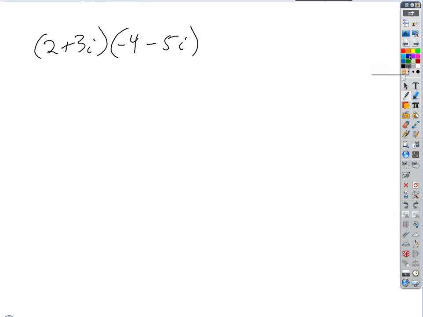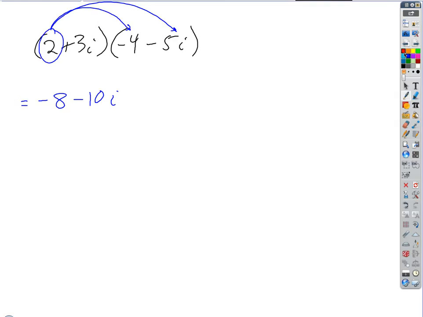So we'll take the 2 and we'll distribute that through. And what's that give us? 2 times negative 4 is negative 8. 2 times negative 5i would be negative 10i. Just treat the i like a variable.